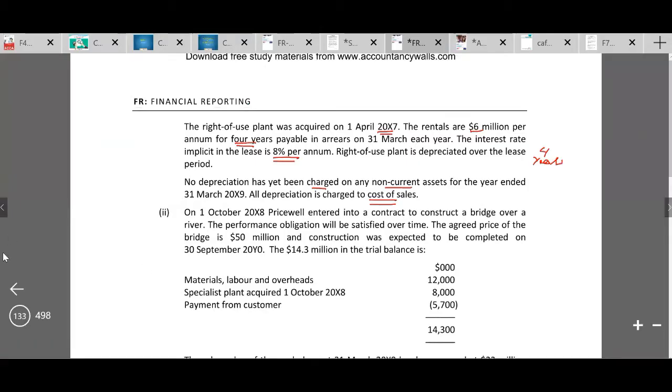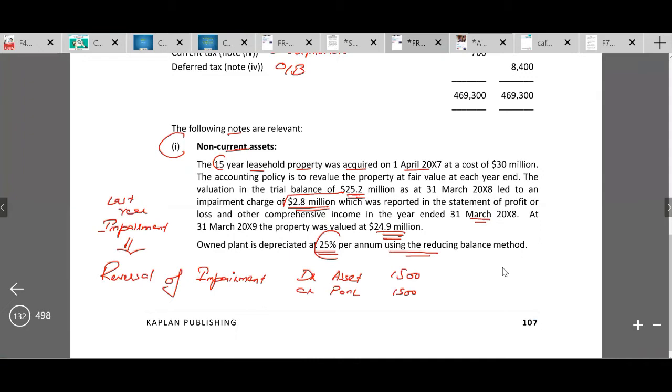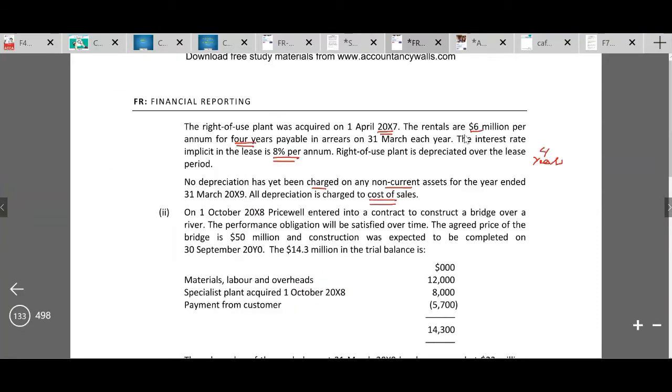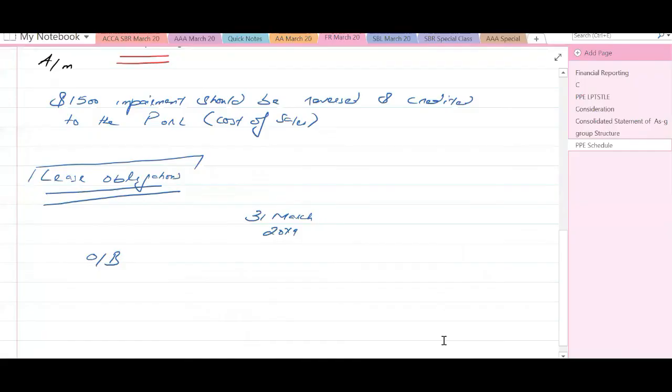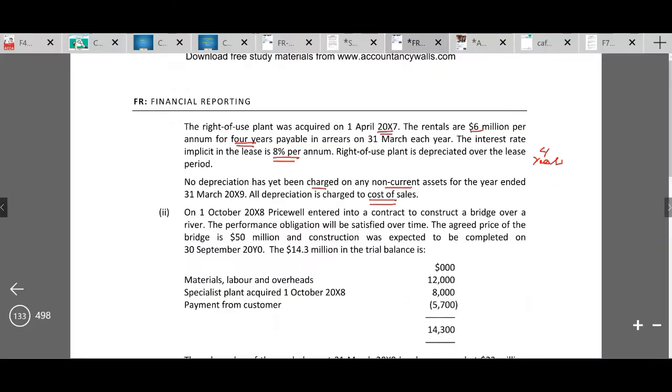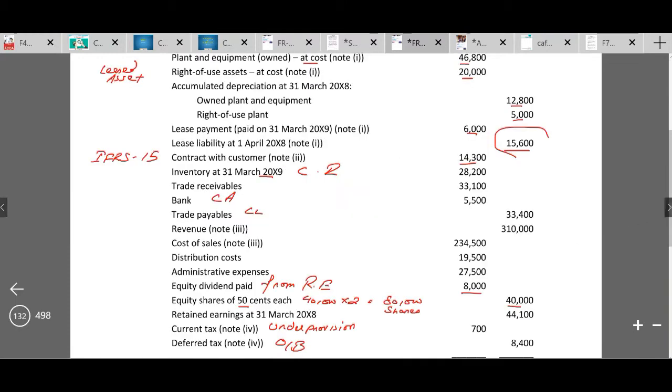Go to the trial balance and see what is the opening balance. Lease obligation, it is lease liability. It's 15,600. And what was the lease payment every year? It was 6,000. And what was the implicit rate of return? It was 8%. So it becomes quite easier.